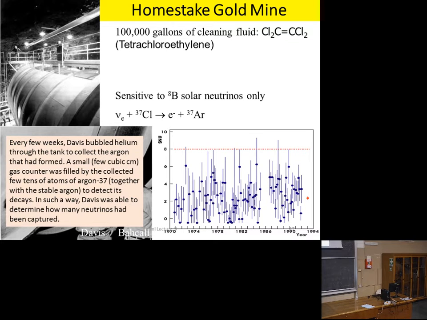An electron neutrino interacts with chlorine-37, makes argon-37, and what they would do is just let the vat sit there. Neutrinos would come in, and every week or so, they go into the vat and look and count how many argon-37s are detected inside the detector. And in this way, they determine how many neutrinos had been captured by this reaction here.